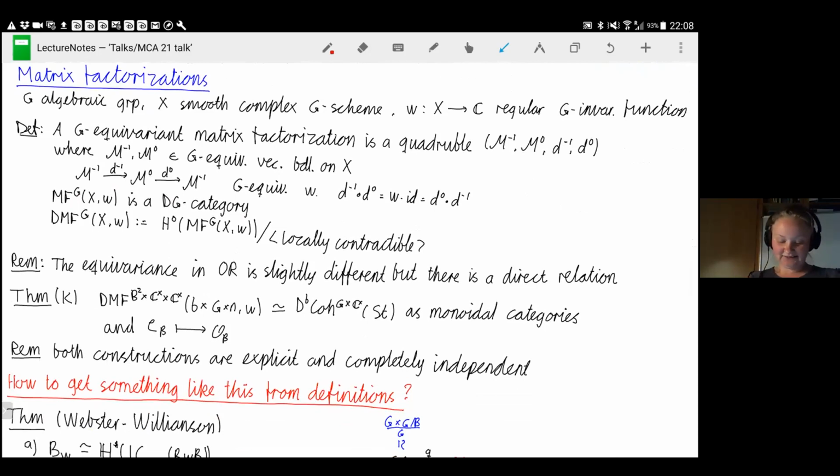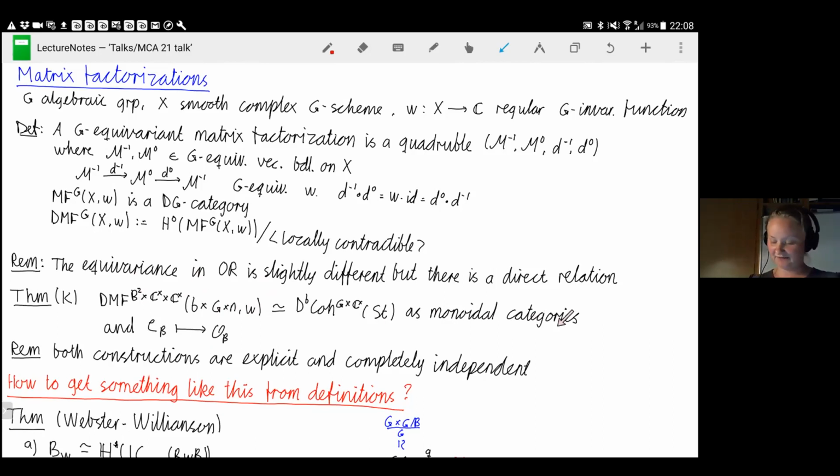All right, so the first claim is that these two are equivalent as monoidal categories. This has a monoidal structure, which is maybe not so easy to see in this formulation, but it's there, and it comes from a slightly bigger space.